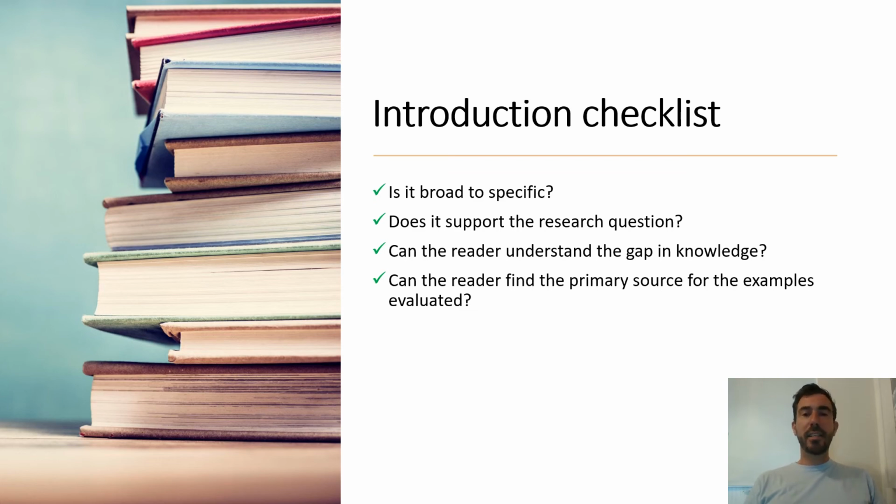Have you directed the reader to primary sources of information? And have you evaluated those primary sources of information in the text? By primary sources of information, I mean the actual research paper or conference proceedings, not somebody else's explanation of them.